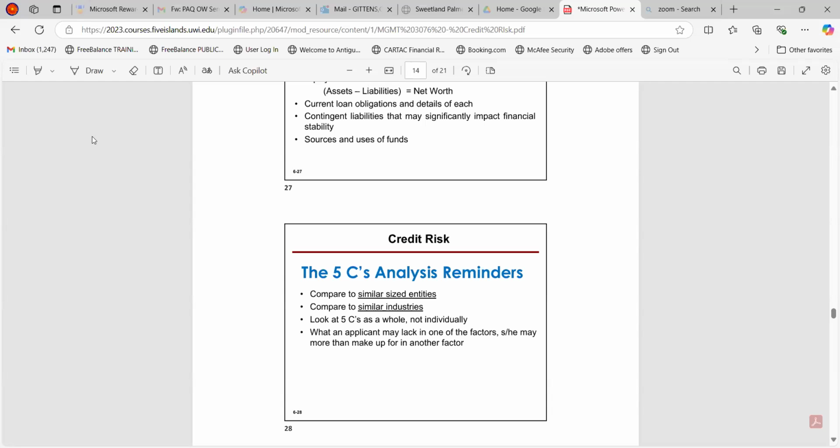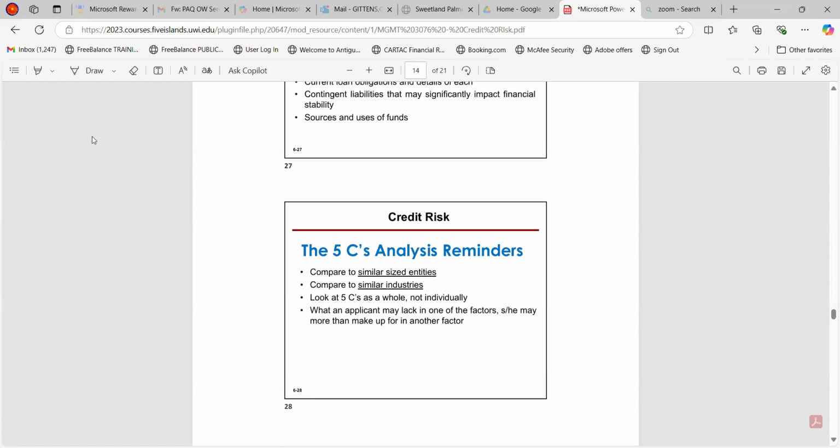Okay. You look at the 5 C's as a whole, not individually. So you have to bring them together because one individual may be low, the capital may not be where you want it to be, but the collateral could make up for that capital, right? Something like that.